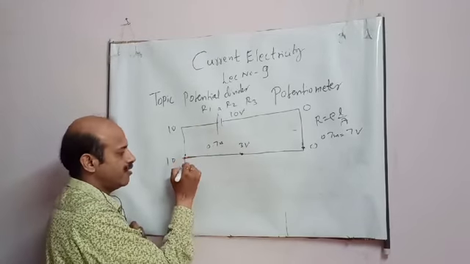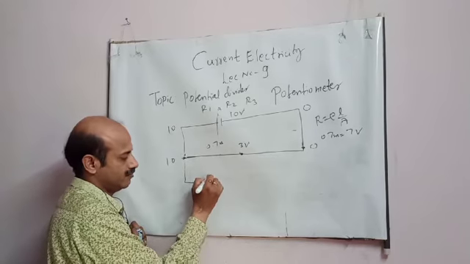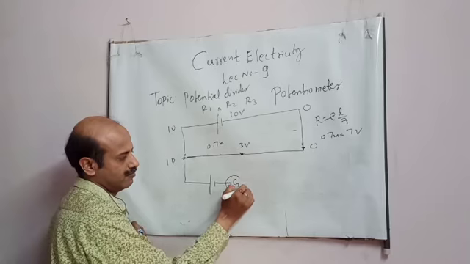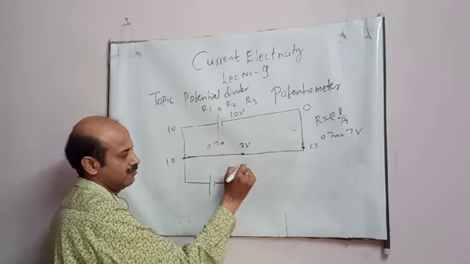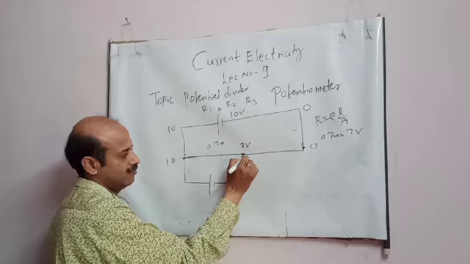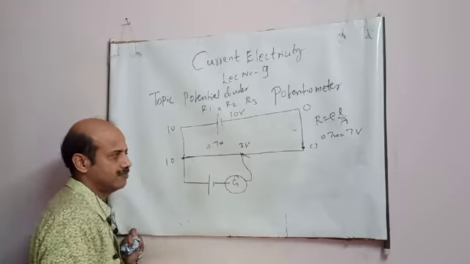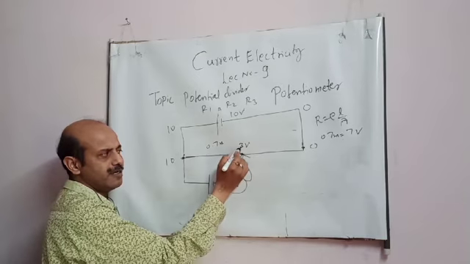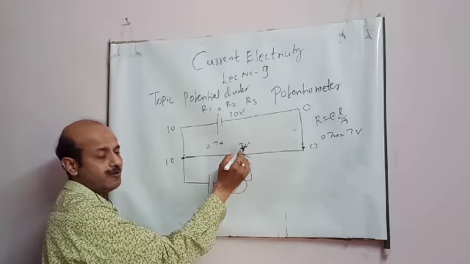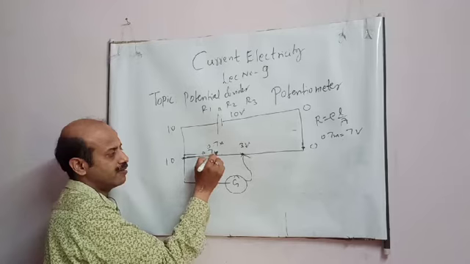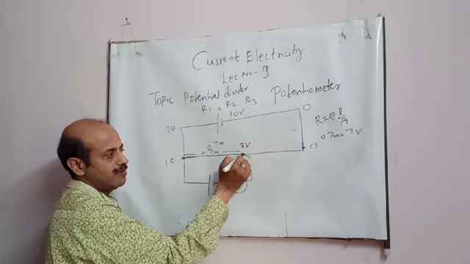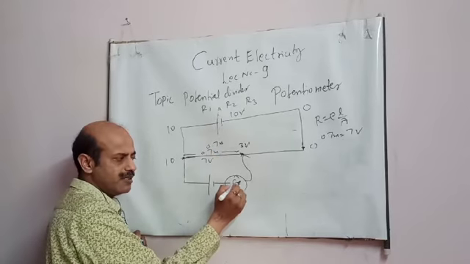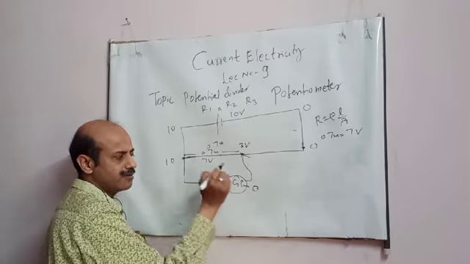Now if I connect another circuit here, see. Suppose in this position the potential is 3, as I just explained. This length is 0.7 meter. Here the potential is 3 volt and the difference is 7 volt. Now suppose in this case the galvanometer is showing 0 deflection.